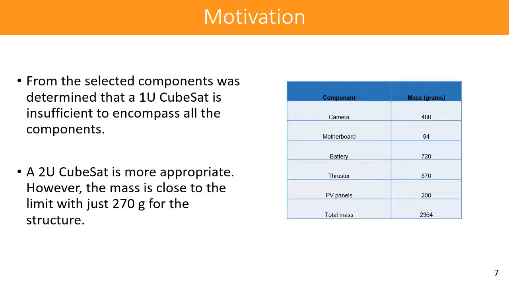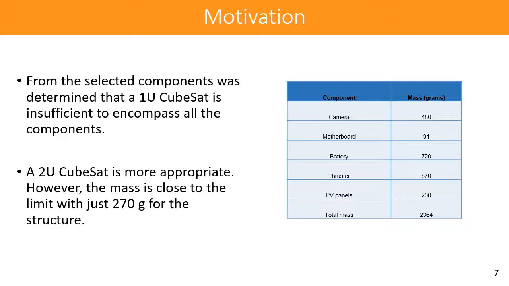As you can see on this plot, the mass of the components that were presented in the previous slide, the total mass came out to 2.4 kilograms, which only leaves 270 grams for the frame of the CubeSat.